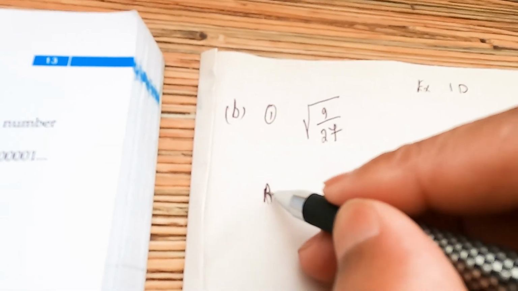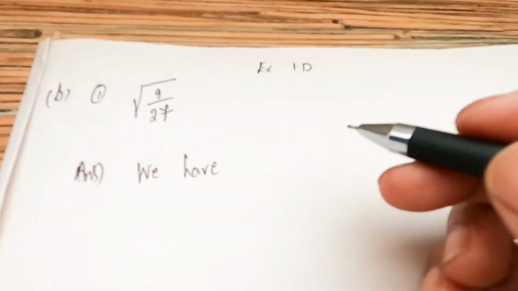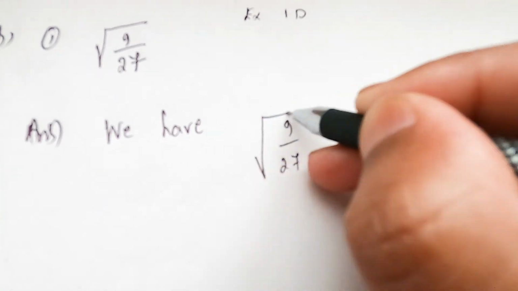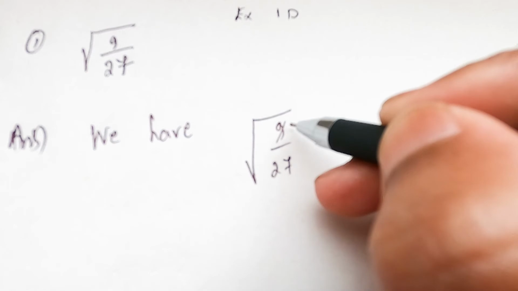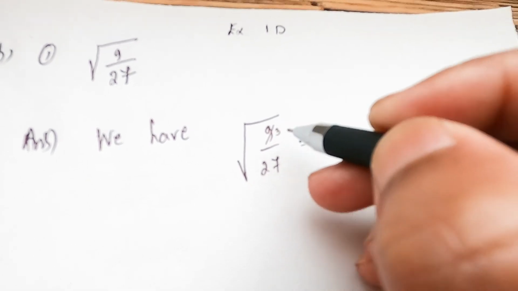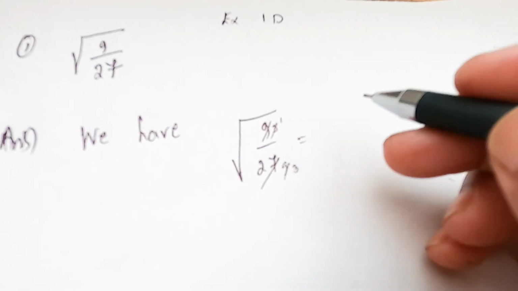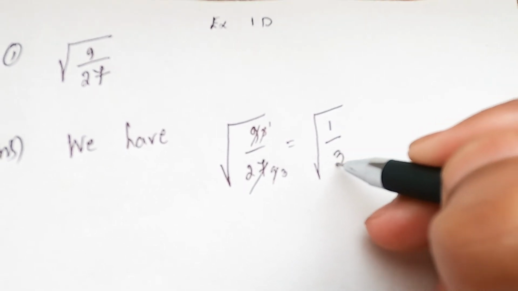So in this case answer, so you write we have 9 by 27. So in this case 3 9s are 27, so 9 by 27 gives us 1 by 3.